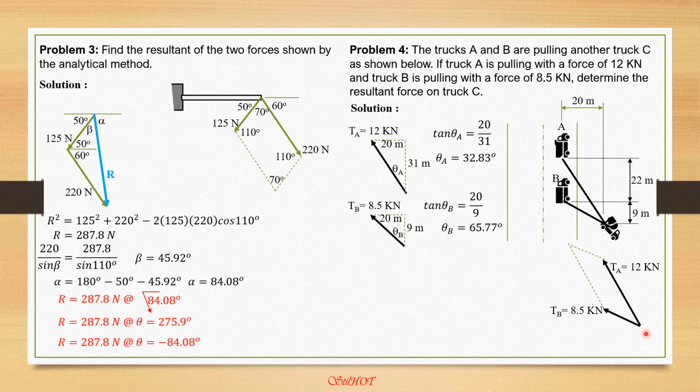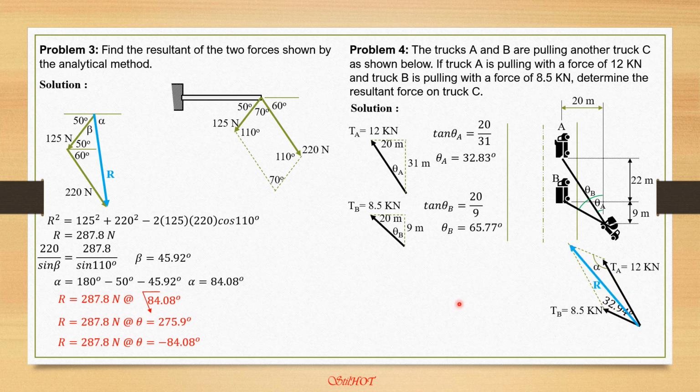So this angle is theta B minus theta A, so the result is 32.94 degrees. So again, this angle here, the bigger angle, which is an obtuse angle, is 180 minus 32.94.